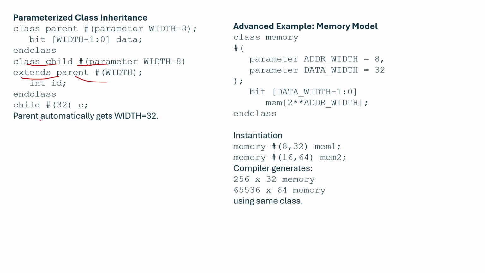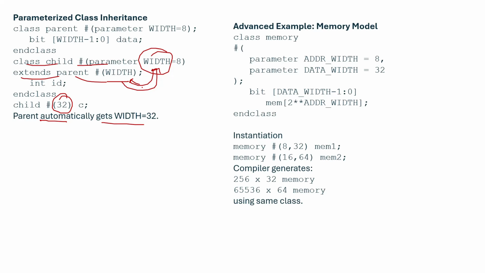See, parent automatically gets 32. See here, child is 32, right? So obviously, parent is also getting 32. That is the inheritance. So child class properties and parent class properties we are using, right? This width is overridden with 32, so then this width is also 32 here. The child is assigning some width, and the same width will be assigned to the parent also.